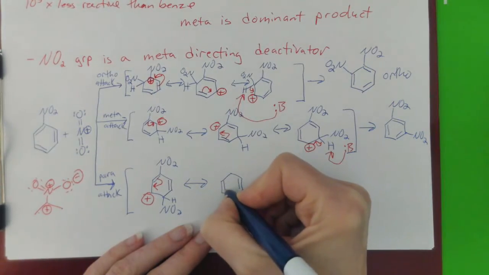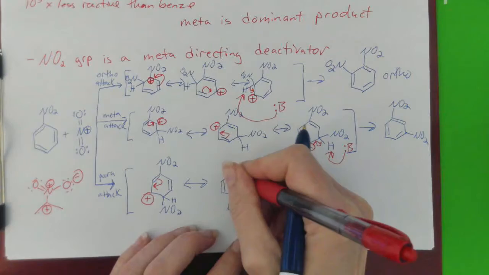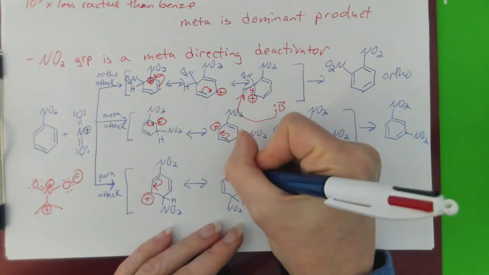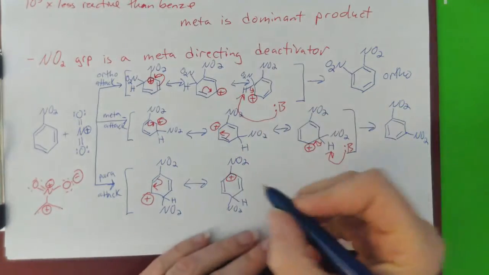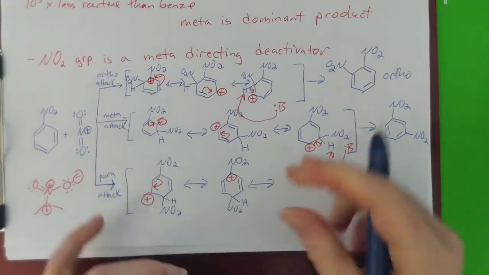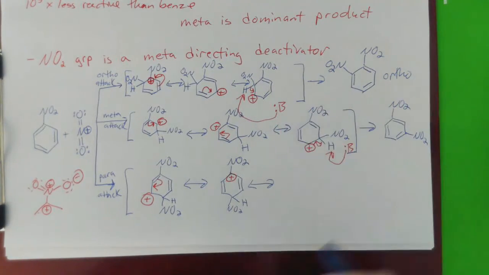So when I do that, I move this here. Then I have, again, cringing a little bit because two like charges next door to each other. Ouch, high in energy. So this is going to be destabilized relative to this.